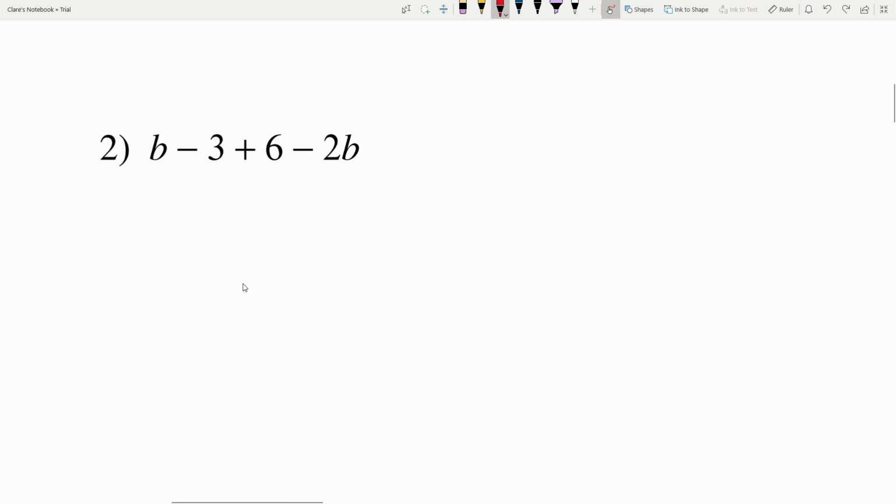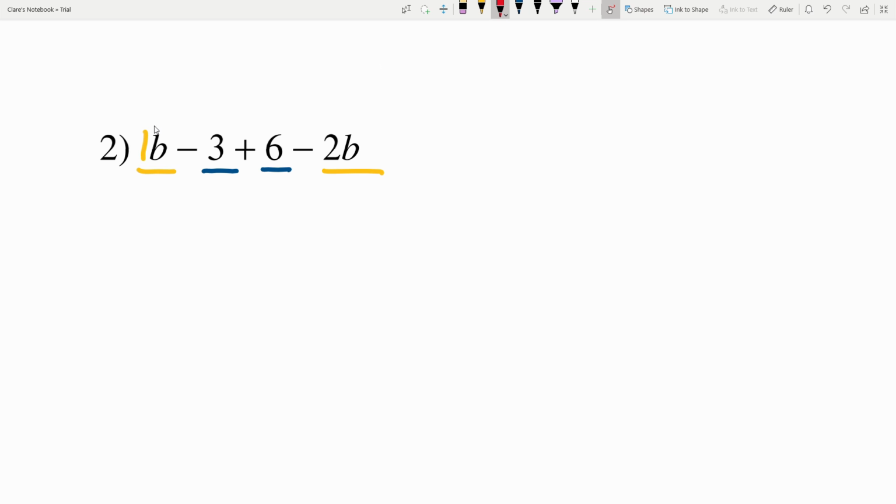In number 2, we have b minus 3 plus 6 minus 2b. Now we need to try to simplify by combining like terms. The terms that are like are this 3 and 6, and our b and our 2b, because this is kind of like 1b.